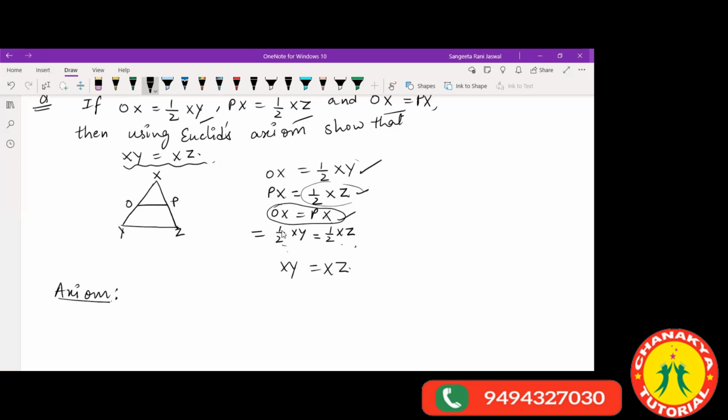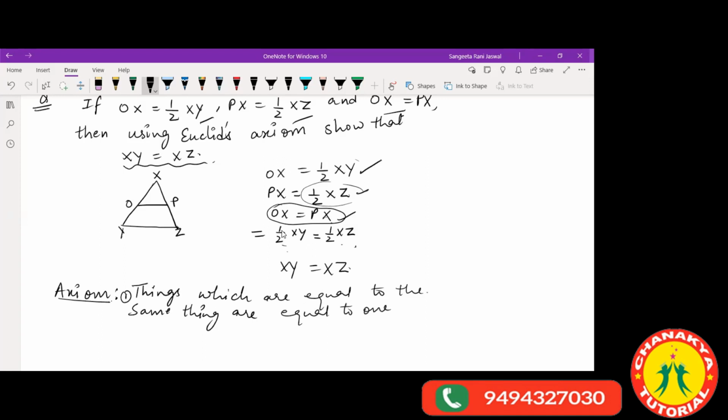That is also told you. So first thing you can say is that things which are equal to the same thing are equal to one another.